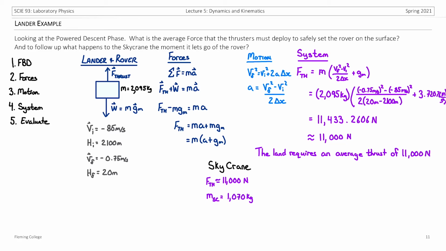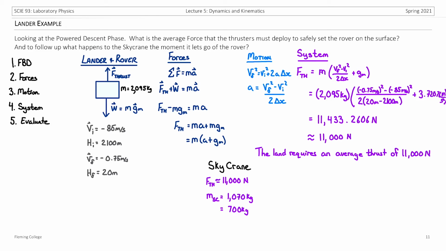And by the time it reaches the point where it is about to let go of the rover, it's burnt through the majority of its fuel. So of those 400 kilograms, it's likely down to about 700 kilograms total mass. The mission plan is actually to allow the sky crane to let go of the rover and use its remaining fuel to vacate the area and launch as far away as possible.